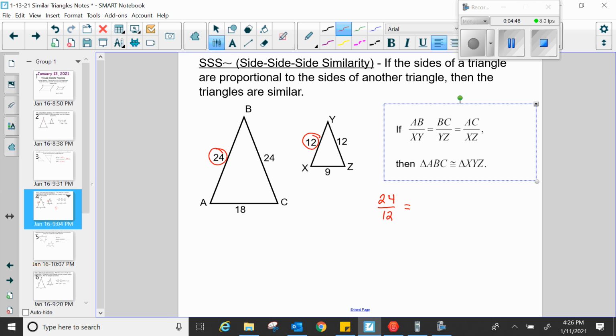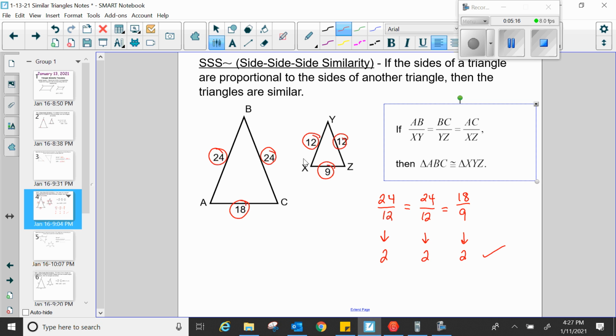And then equals BC, that's 24 over YZ, which is 12 again, which equals AC, which is right here, 18, over XZ, which is 9. And what's nice is this reduces to 2, this reduces to 2, and this reduces to 2. Therefore, I have just shown that all three sides are proportional.